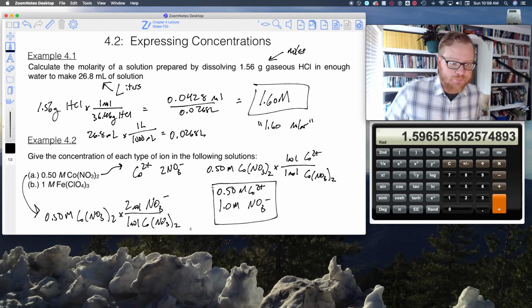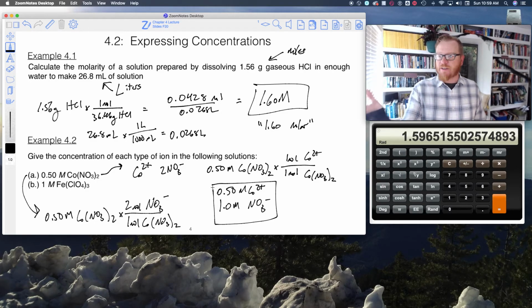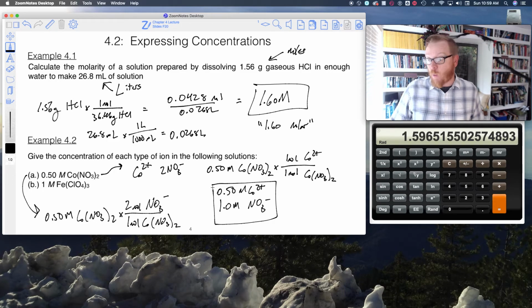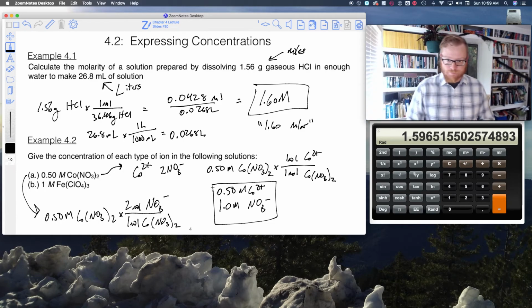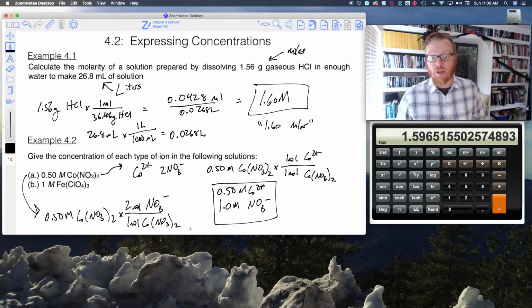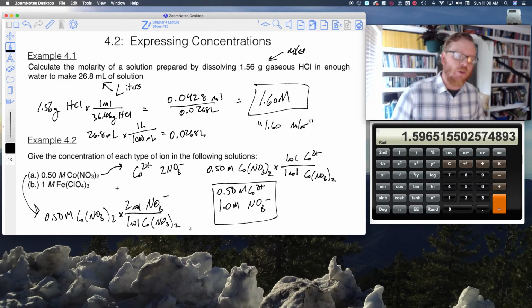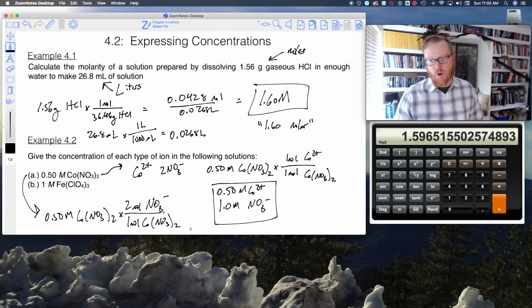If I start with 0.5 moles of solid cobalt 2 nitrate, so I've got some solid chunks, a powder, and I add enough water to make 1 liter of solution, so 0.5 moles in 1 liter, that's 0.5 molar cobalt 2 nitrate. But once that dissolves, the solution is going to be 0.5 molar cobalt 2 plus and 1.0 molar nitrate, because in cobalt 2 nitrate, there's 2 nitrates for every 1 cobalt.